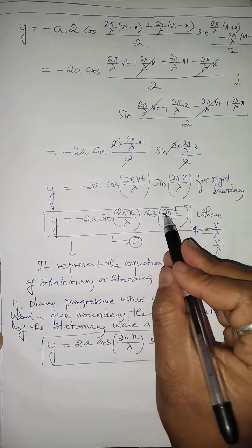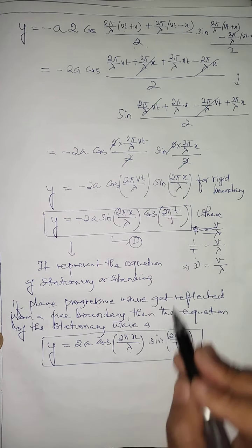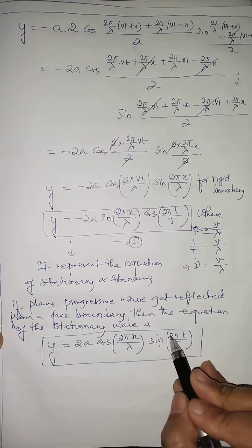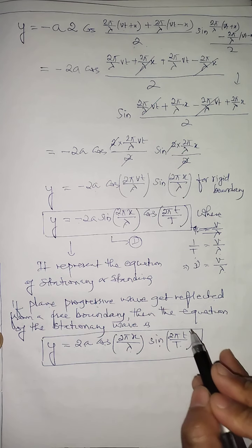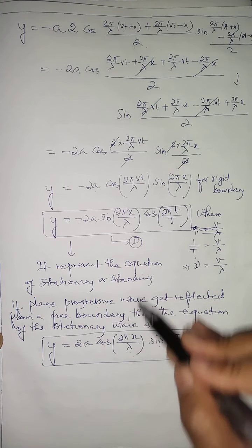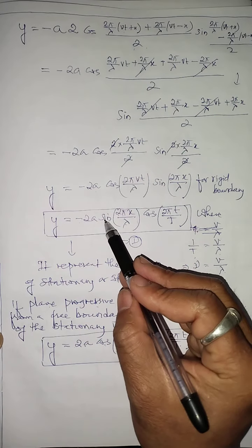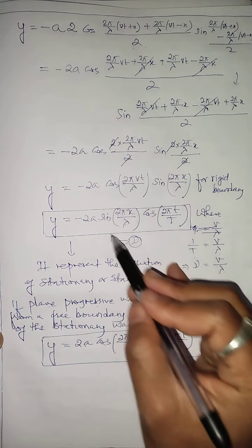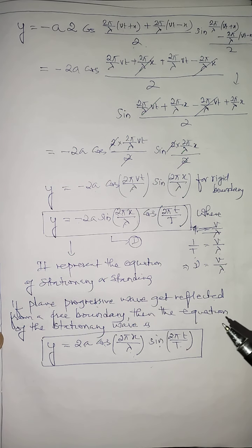Similarly, cos 2 pi t by capital T we had written for the rigid boundary, now it will be sin 2 pi t by capital T for the free boundary. If you compare these two equations, minus becomes plus, sine function is replaced by cosine function, while the other quantities remain the same. So these are the two equations of stationary wave for the wave reflected from the free boundary as well as the rigid boundary.